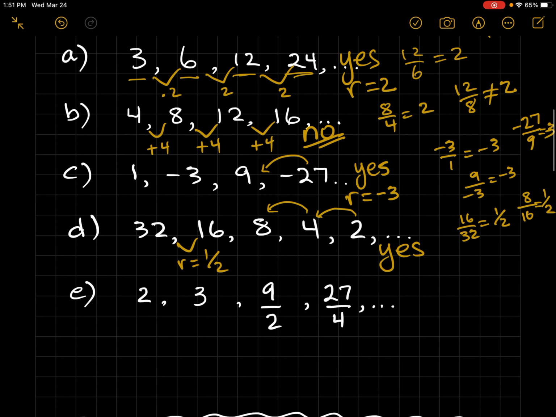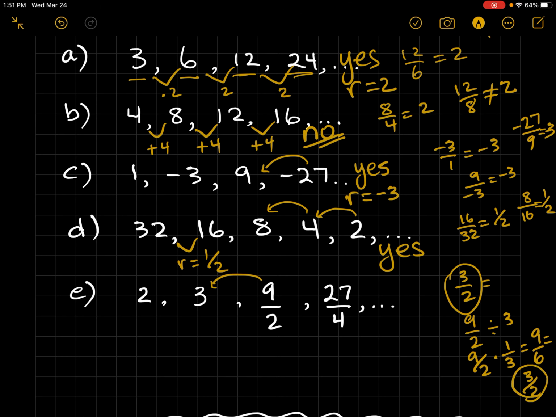Let's look at the last one for this. 3 divided by 2 is just 3/2. 9/2 divided by 3. Remember, you divide by the previous. So we want to multiply by the reciprocal. What is that? 9/6 reduces to 3/2. So that's 3/2.